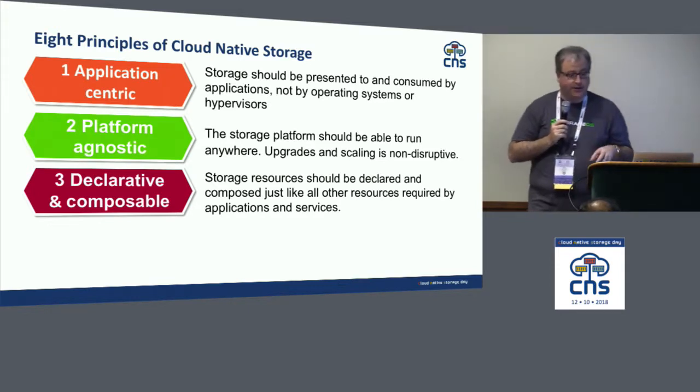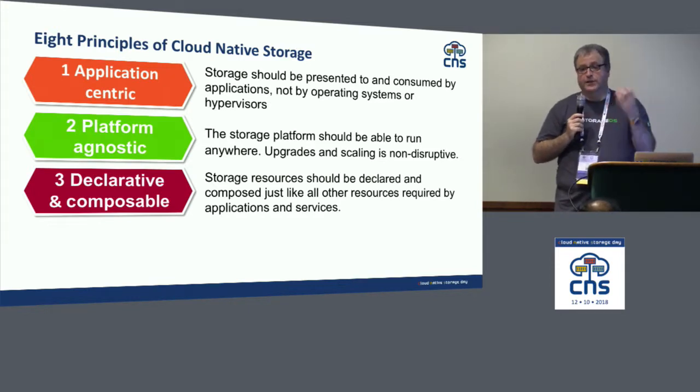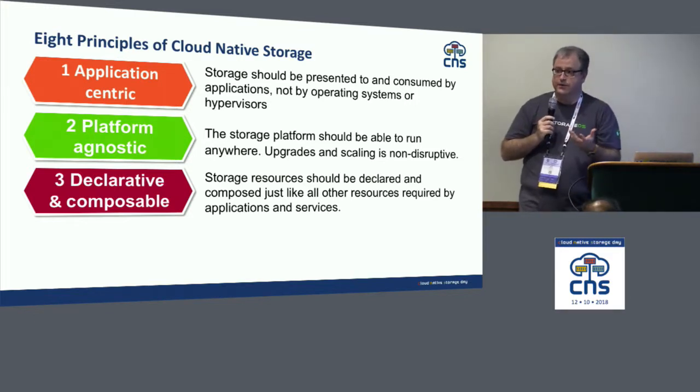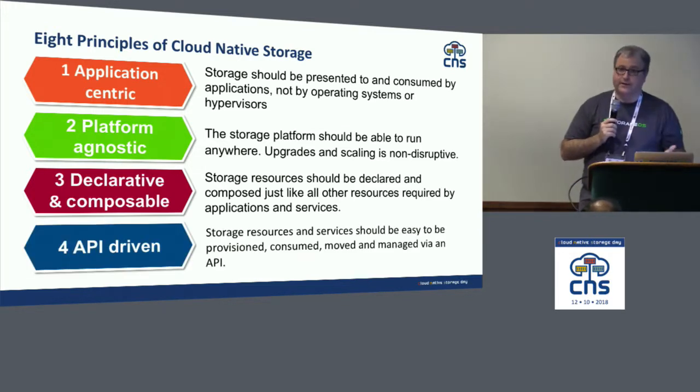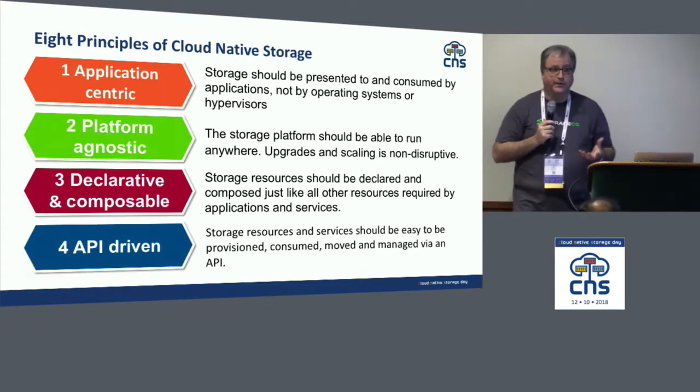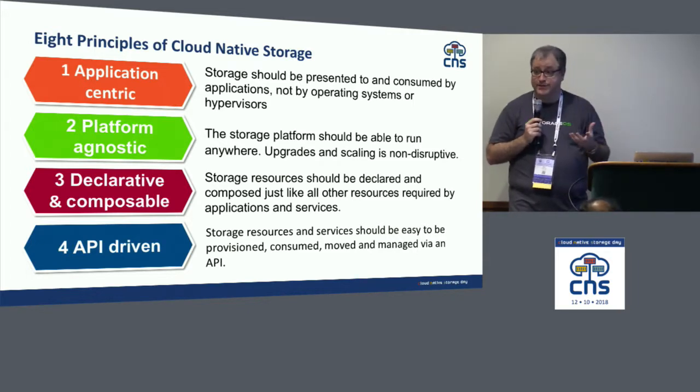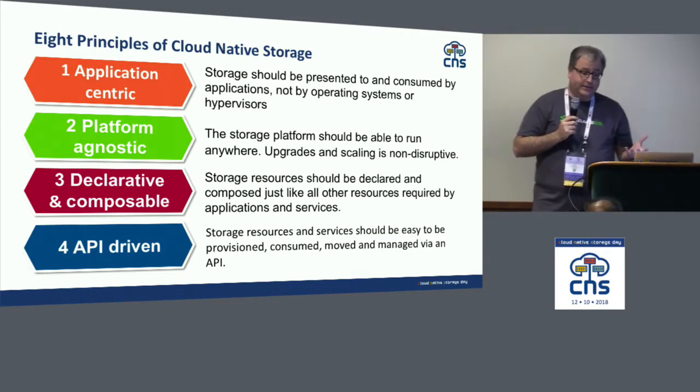So you also need to be able to say, my application needs this type of storage with these type of attributes. And an orchestrator should be able to dynamically provision that for you. For an orchestrator to dynamically provision this, what you're really looking for is a storage system that's API driven.